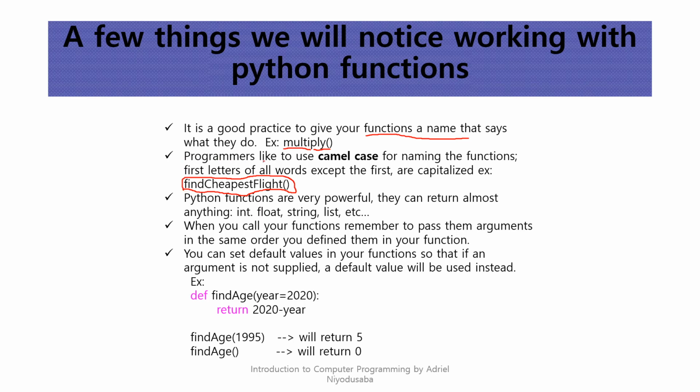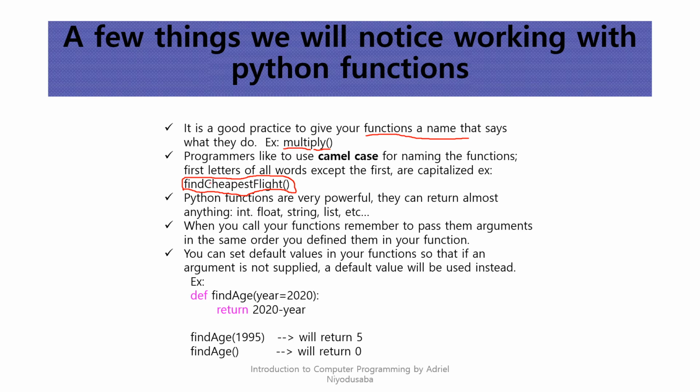A second good practice is to use camel case. Camel case is basically using the capital letter for every word except the first word. Remember that when we were learning how to name the variables, we were using underscore to separate the words. Now in function names, we use capital letters if you want to use a name which has more than one word.